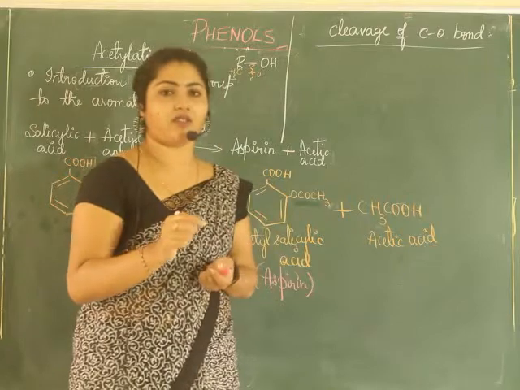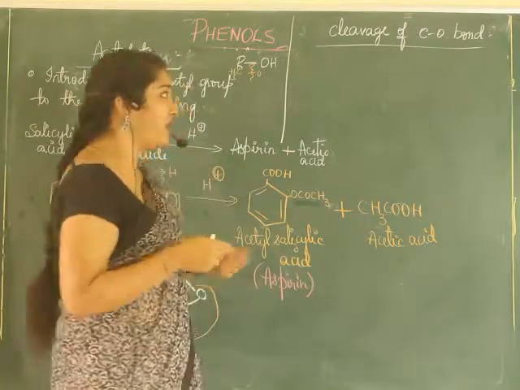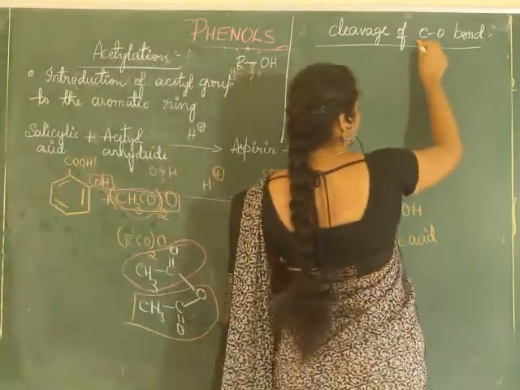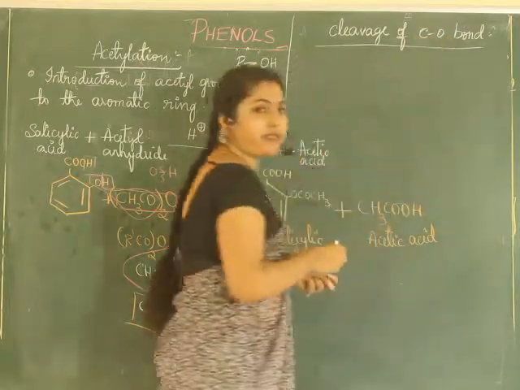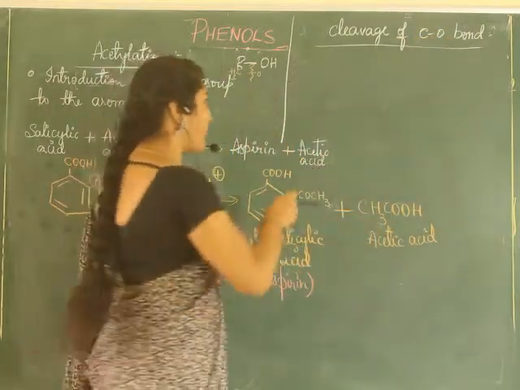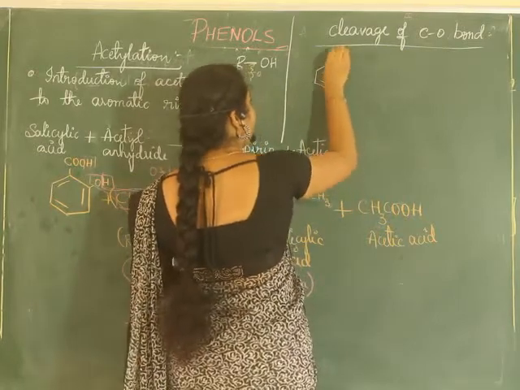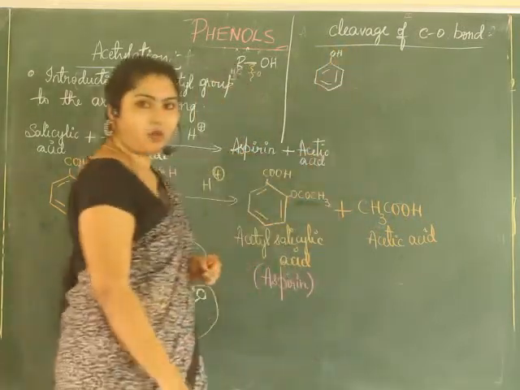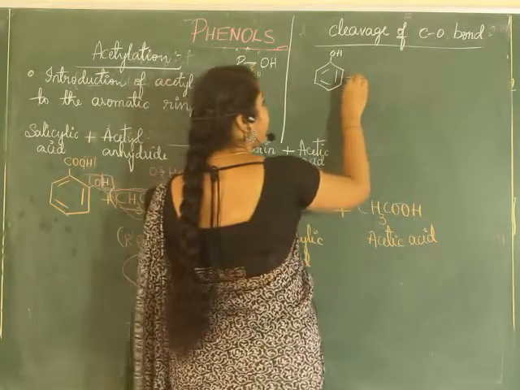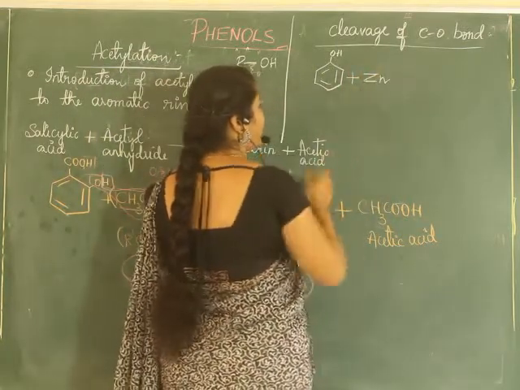But in phenols, you do not find many reactions where there is carbon-oxygen bond cleavage. There is one reaction where phenol, a benzene ring with OH, reacts with zinc dust.